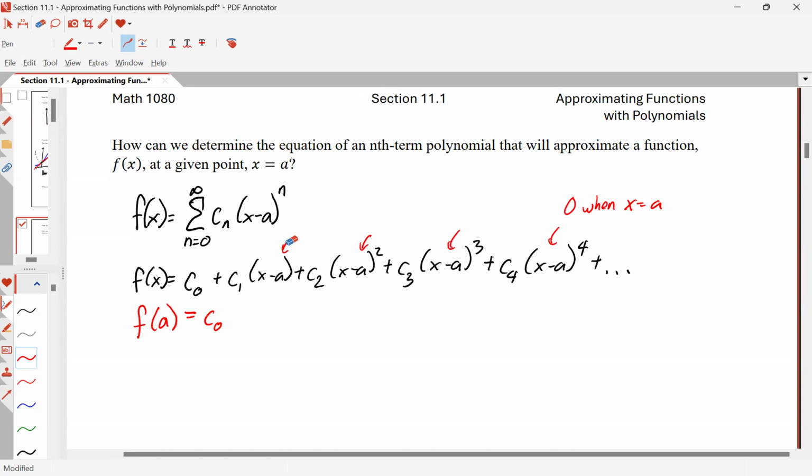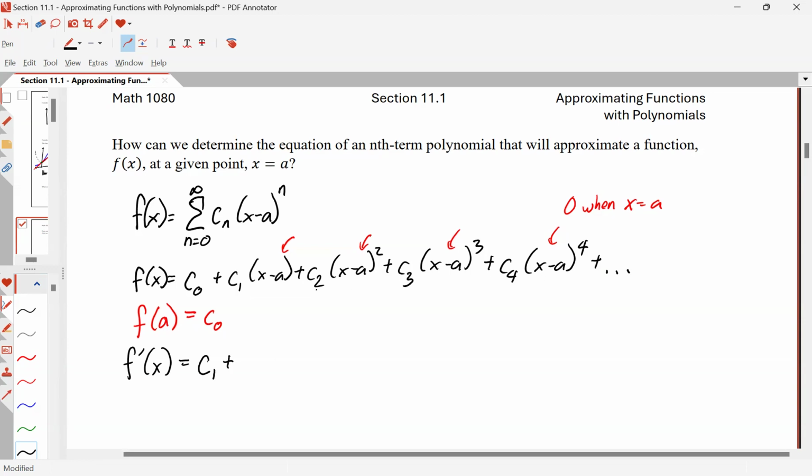How can we find the rest of these coefficients? Well, let's take the derivative. When I take the derivative of f, c sub 0 is a number, so it goes to 0. But then c sub 1 is being multiplied by a linear. The derivative of c sub 1 x minus a is just c sub 1.